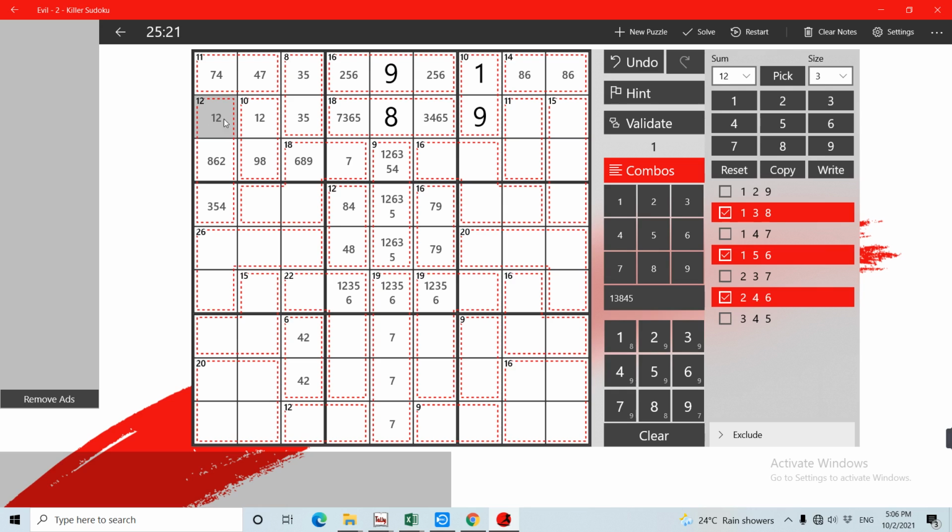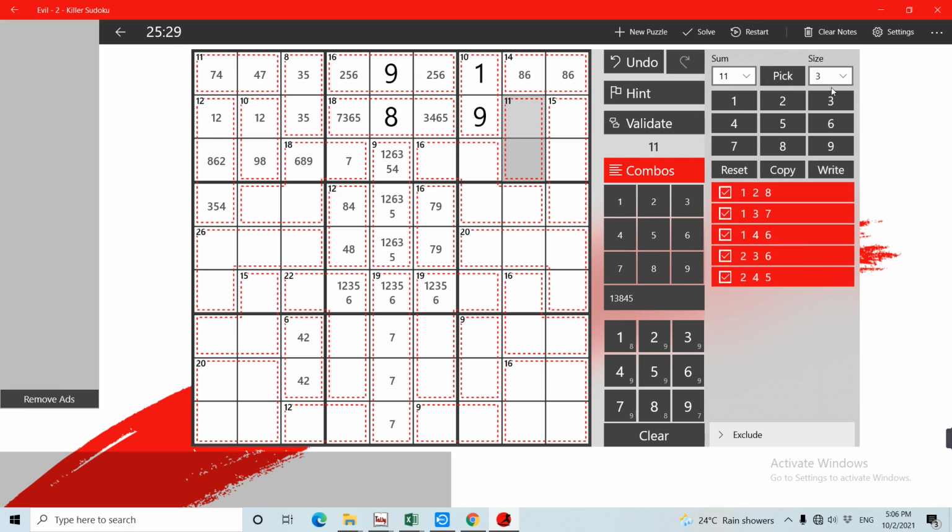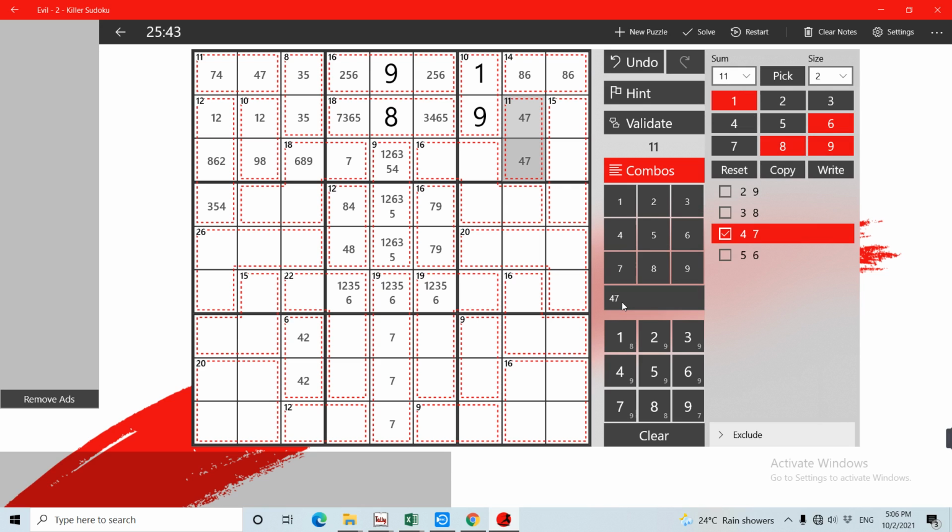So now we know that 1 and 2 is going to be here. We can try with this 11. 11, size of 2 does not contain 8, 6, 1, 9. So, wow, this is good.